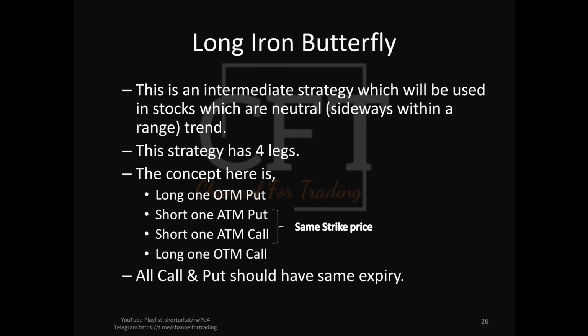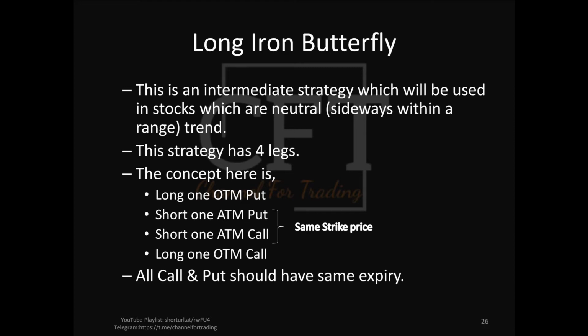So here it has four legs, which I already discussed, and the concept here is go long with an OTM PE and go short with an ATM PE, then go short with an ATM CE and go long with an OTM CE.